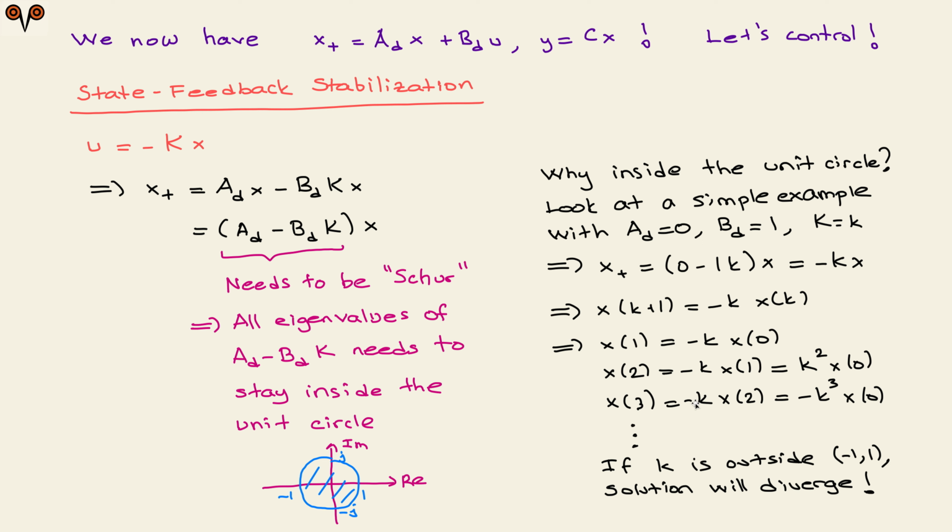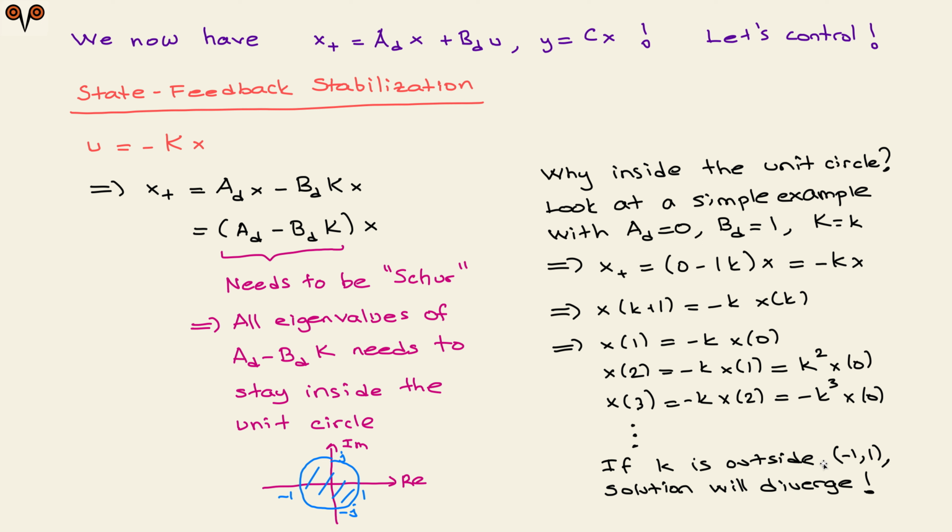x3 is minus K x2. Inserting x2, which is here, you obtain minus K to the power of 3 times x0. So the iteration goes like this.